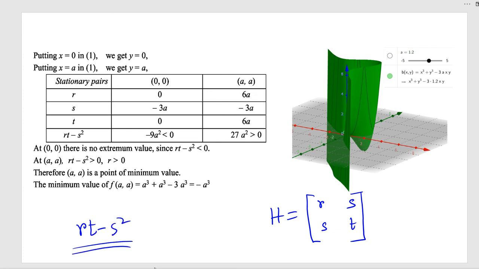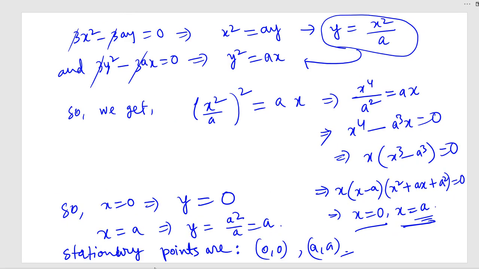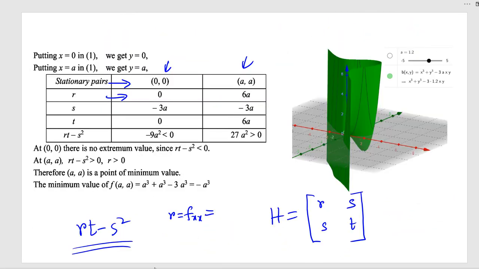So let us try to evaluate them. Two stationary points, these are (0, 0) and (a, a). The R value at this point, because R we have calculated as fxx, this is 6x.